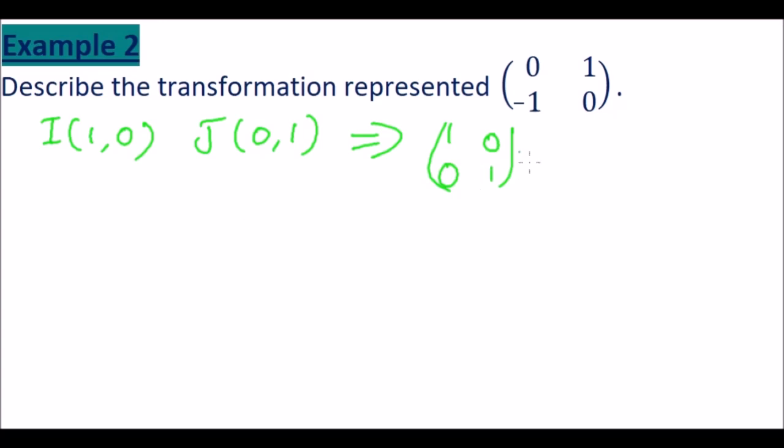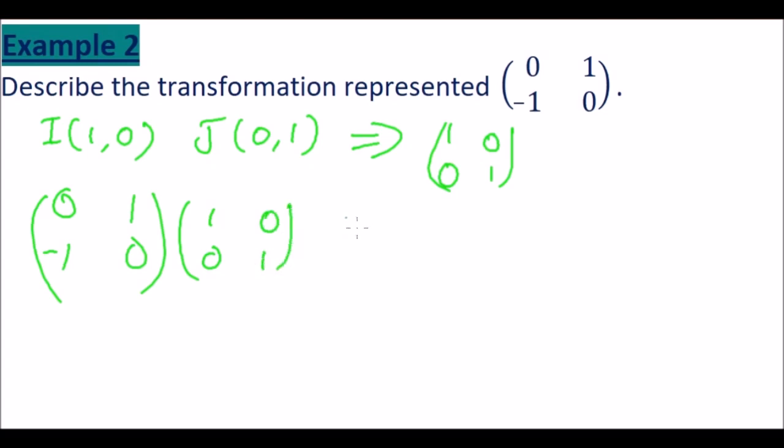So this is our object. So we pre-multiply with the transformation matrix, which is (0, 1; -1, 0), and our object is (1, 0; 0, 1), which is an identity matrix. That means it doesn't change. We will still remain with our matrix here, because it is like multiplying by 1.